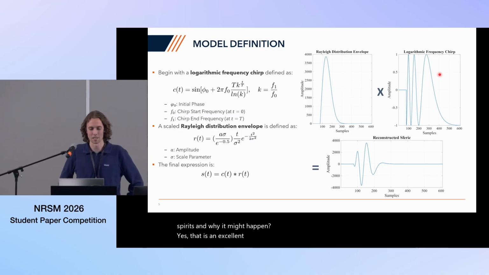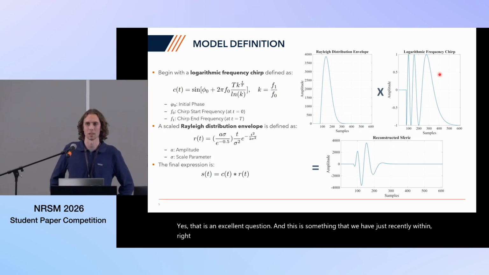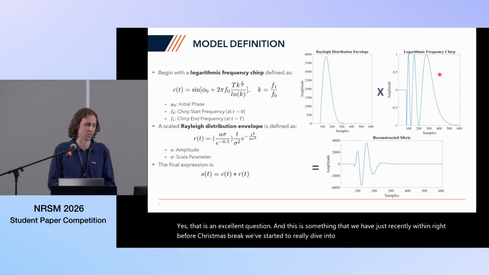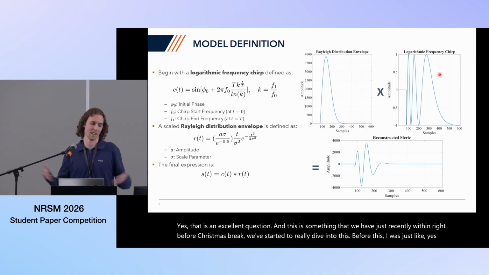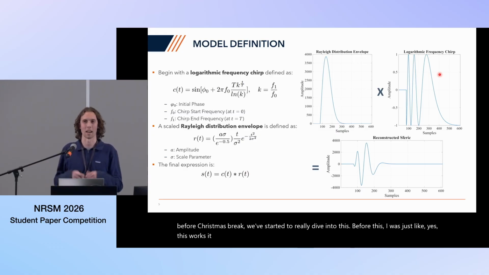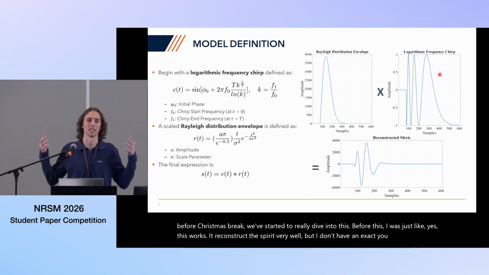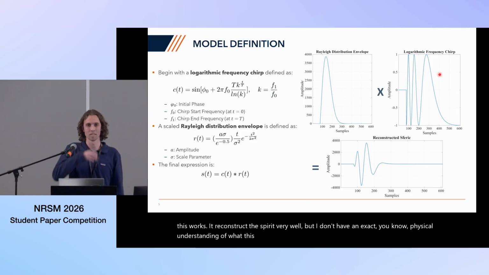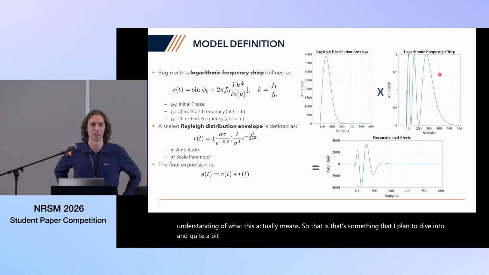This is something that we've just recently, right before Christmas break, started to really dive into. Before this, I was just like, yes, this works, it reconstructs the spheric very well, but I don't have an exact physical understanding of what this actually means. So that's something that I plan to dive into in quite a bit of detail, hopefully in the coming year.